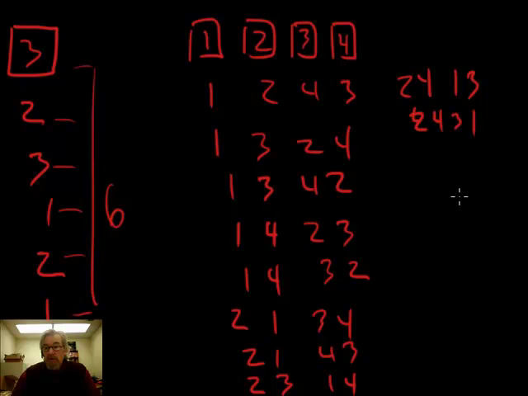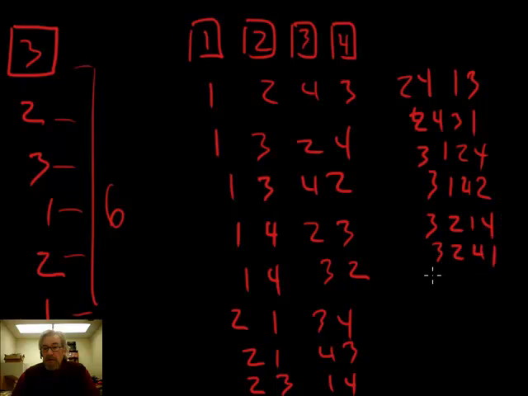Or if I started with 3, I could have 3, 1, 2, 4, or 3, 1, 4, 2. I could have 3, 2, 1, 4, and 3, 2, 4, 1. I could have 3, 4, 1, 2, and 3, 4, 2, 1.